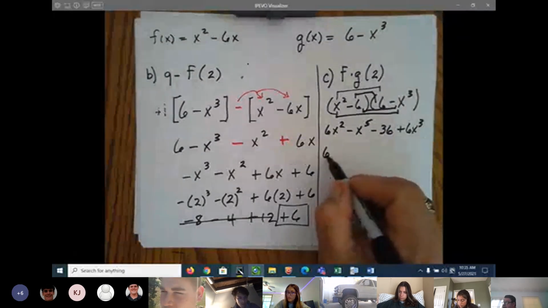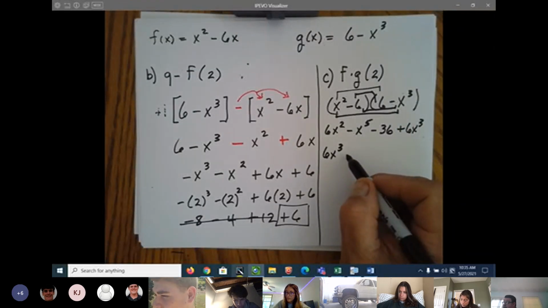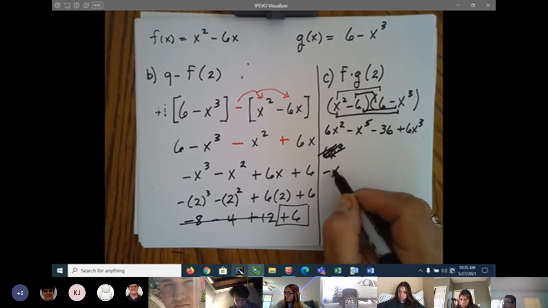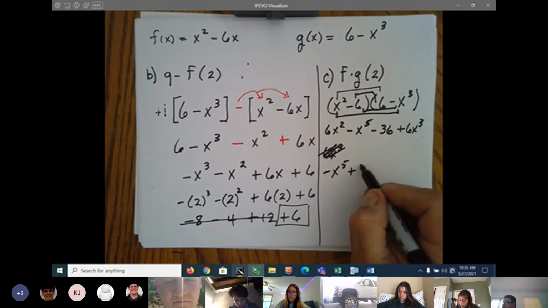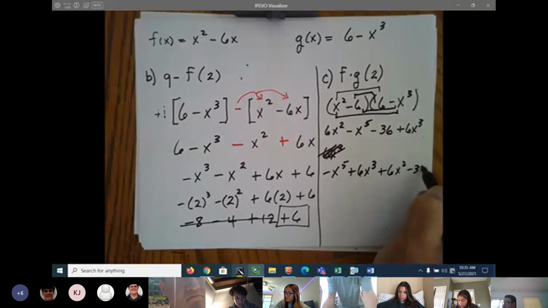So that's going to be negative x to the 5th plus 6x cubed plus 6x squared minus 36.